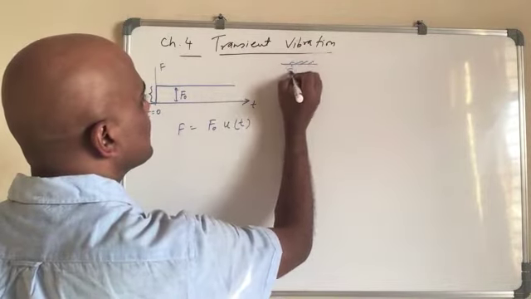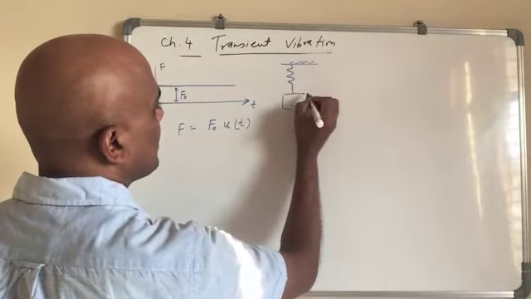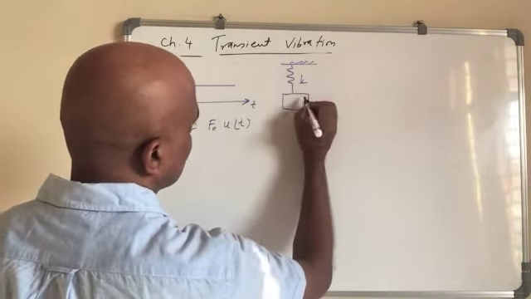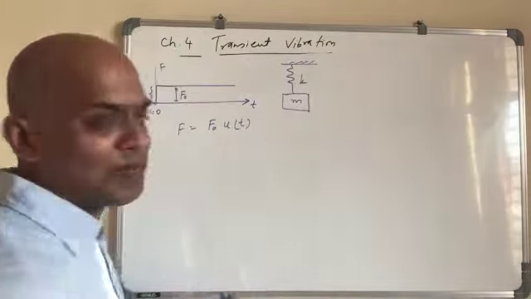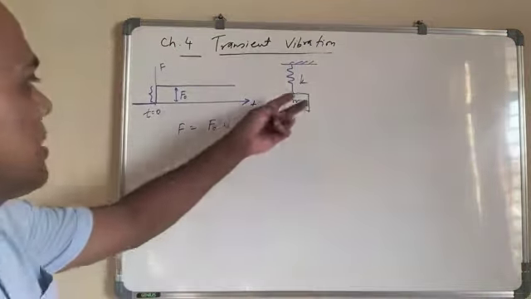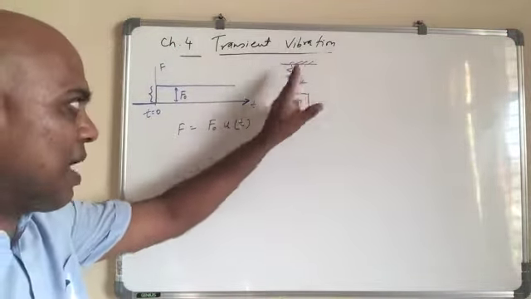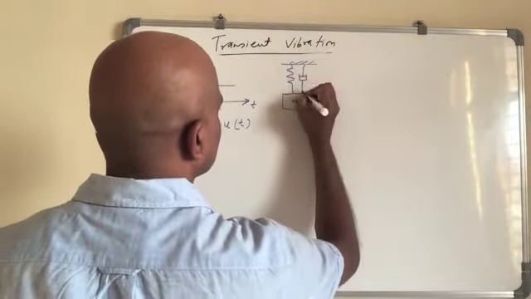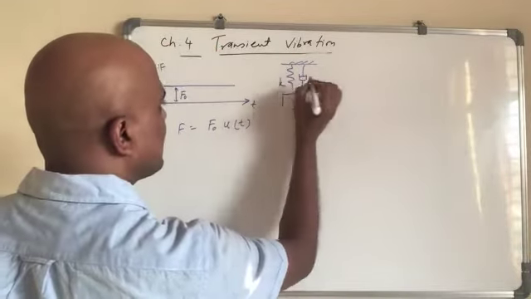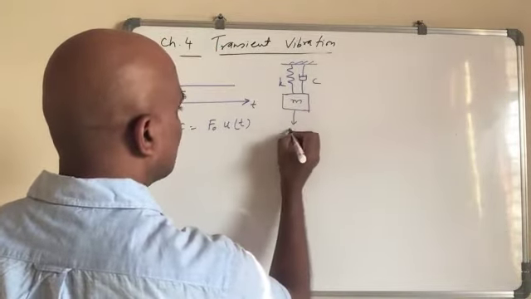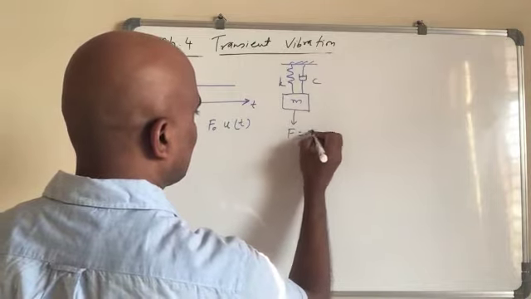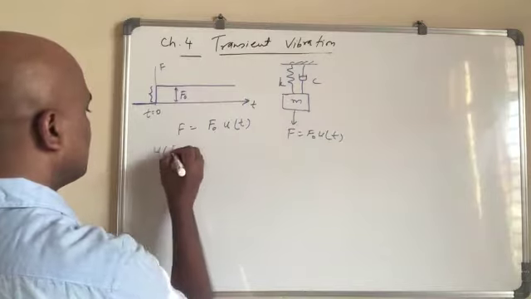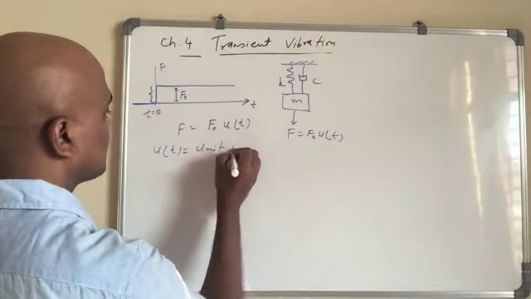Again, let's study a spring mass system only. You can extend that to a spring mass damper system. So if this is the mass, we can also include the damper: k, c, and then you apply the force F equal to F naught u(t), where u(t) is the unit step function.